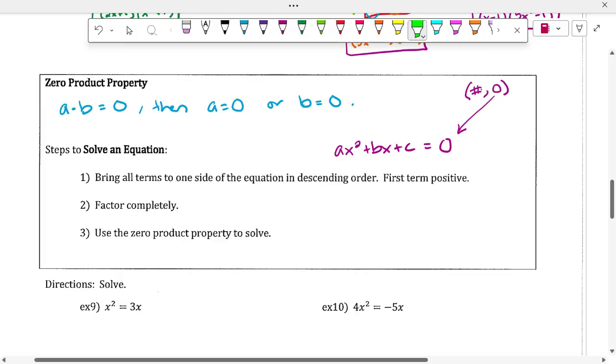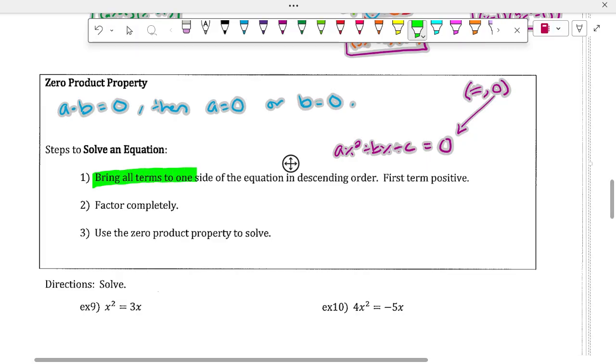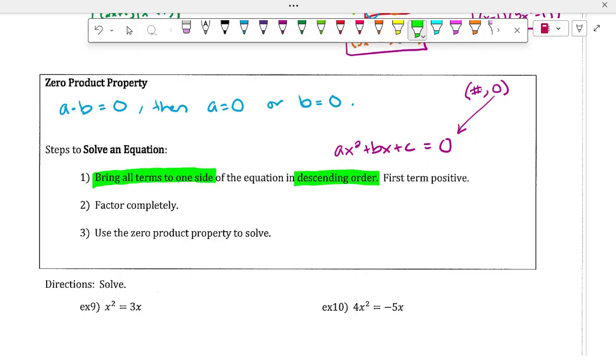So when it comes to factoring, you bring all the terms to one side of the equation in descending order, with the first term being positive. In other words, rewrite it so it looks like that in some shape or form. You factor completely, and then you use the zero product property to solve.